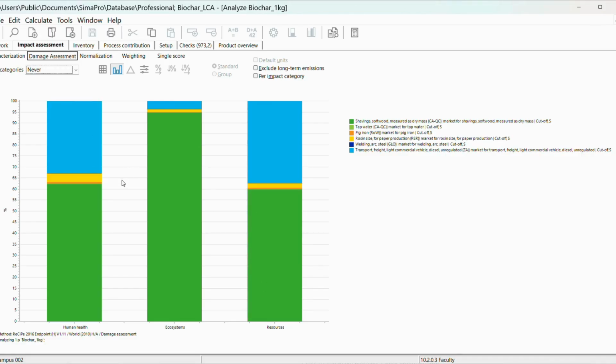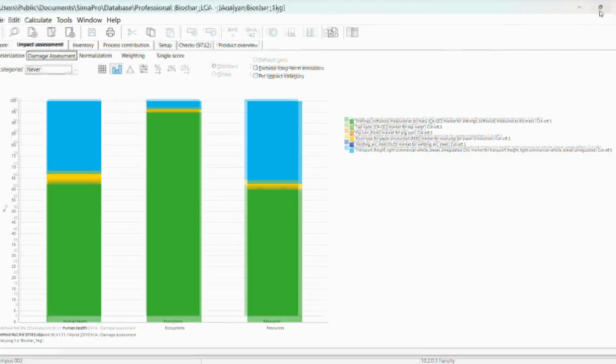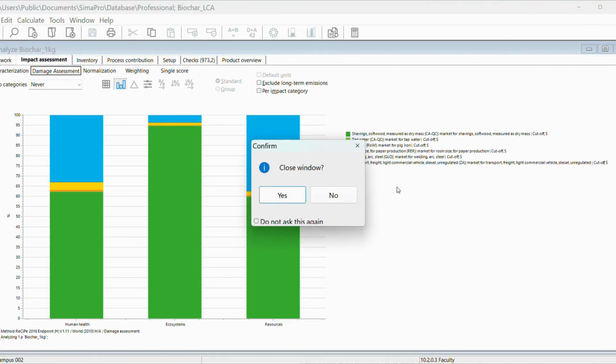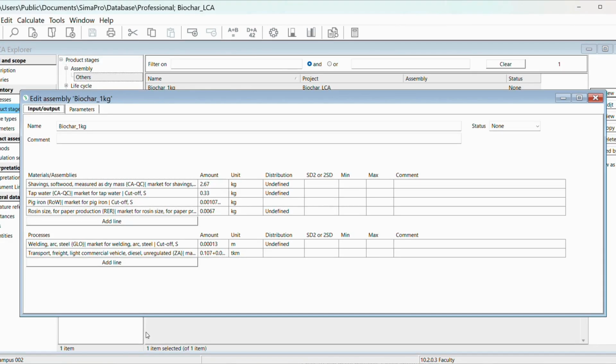And this damage category is not available if you select another method, for example midpoint or another environmental impact assessment method. So let's see which types of categories are available when we select midpoint instead of endpoint. So let's recalculate again.